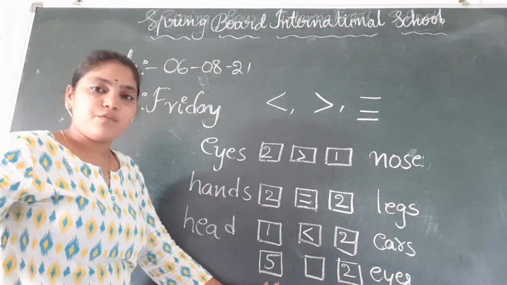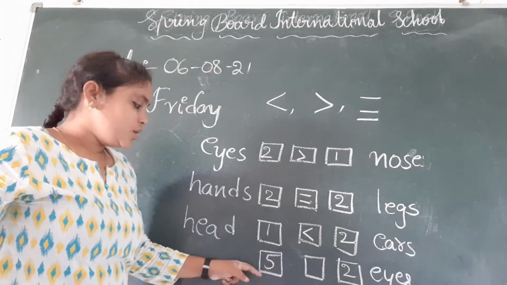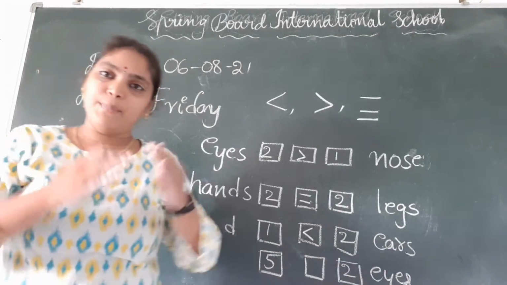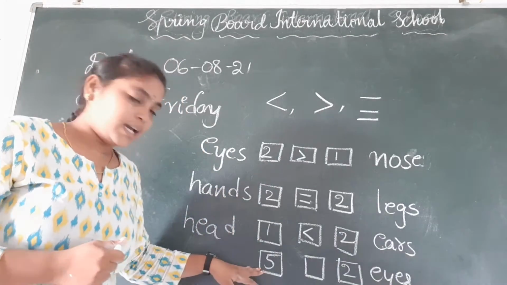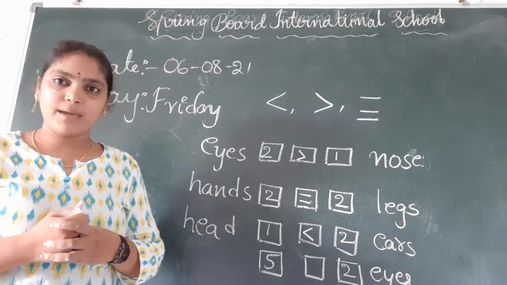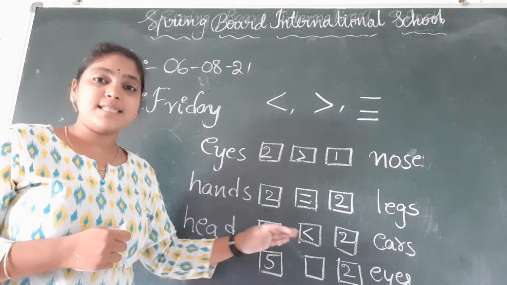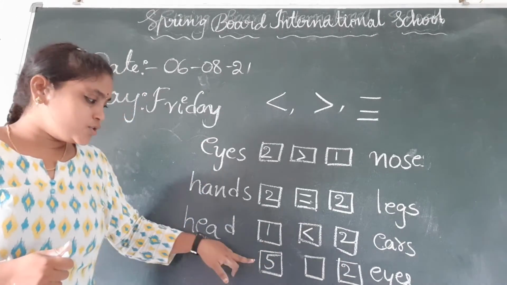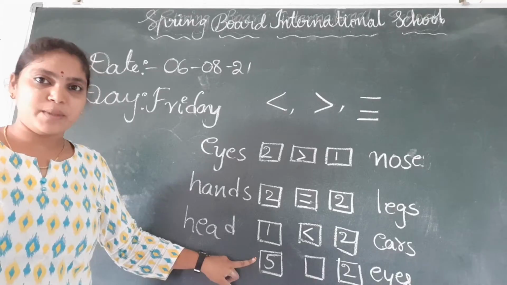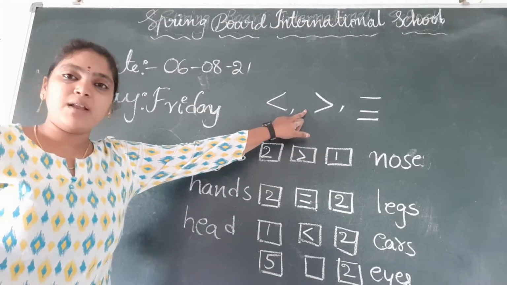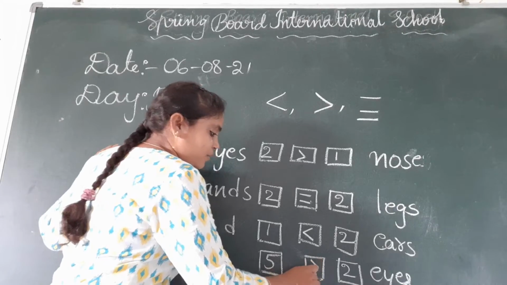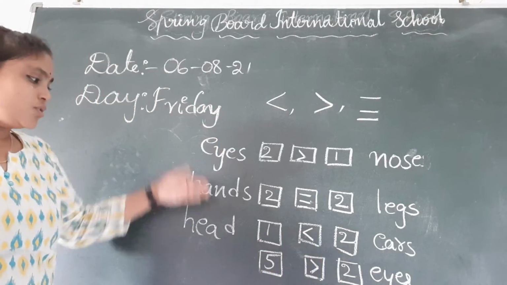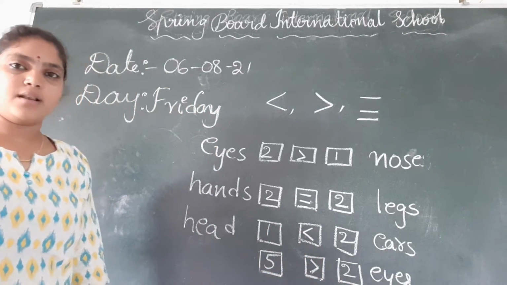Now compare 5 and 2. Is 5 bigger than 2 or smaller than 2, children? 5 is the bigger number. Am I correct, children? 5 is bigger than 2. So here the first number is bigger. Which symbol do we have to place? Greater than. So write the greater than symbol.